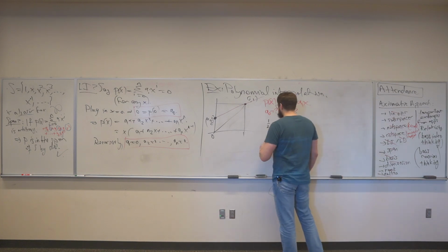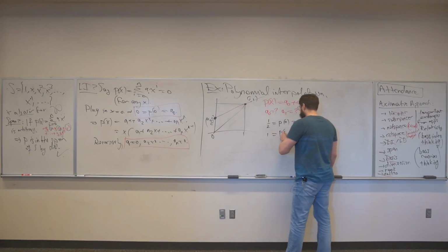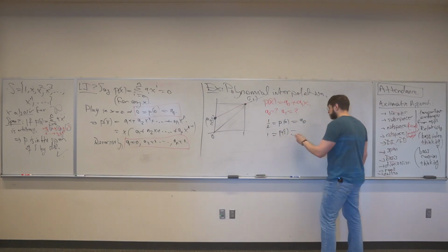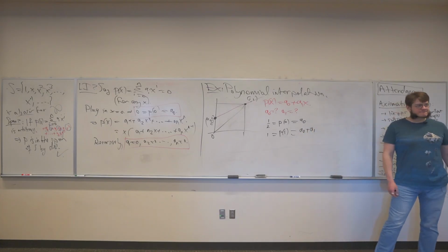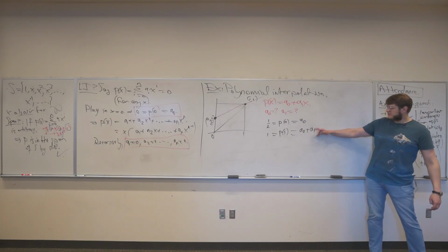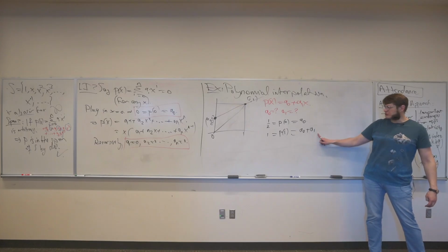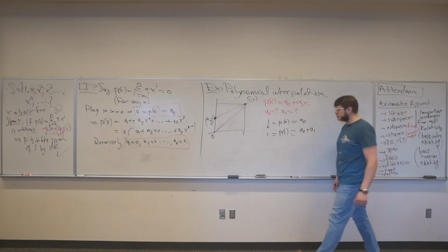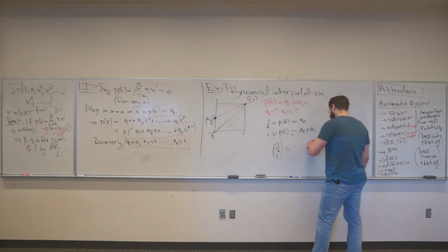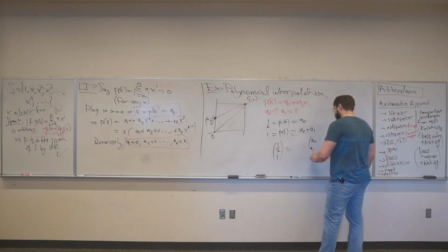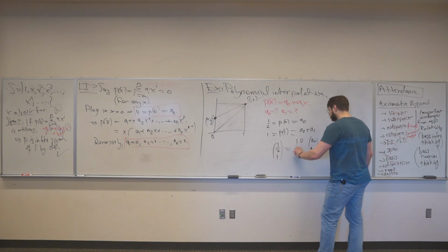And 1 equals p of 1, and when you plug this in, you get a0 plus a1. Now this gives you a system of 2 linear equations with 2 unknowns. That's nice because at this point we know how to solve it. So you would put it like this: a0, a1, and then the matrix 1, 0, 1, 1.